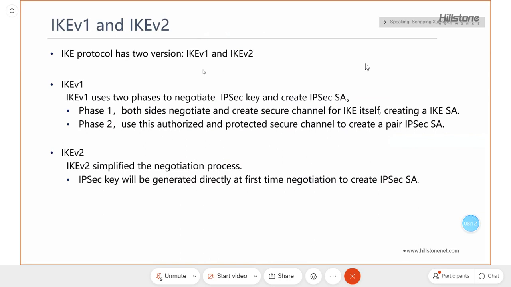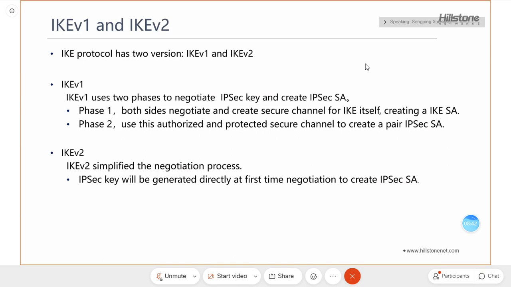For the VPN currently, there are two versions of the IKE, which are IKEv1 and IKEv2. IKEv1 uses two phases to negotiate the IPsec key and also create the IPsec SA. In phase one, both sides will negotiate and create the secure tunnel for the IKE itself.